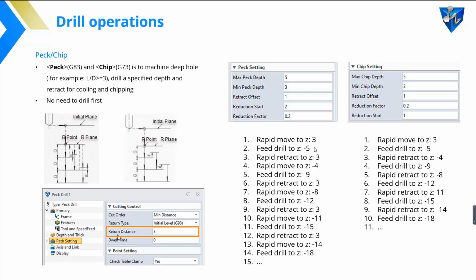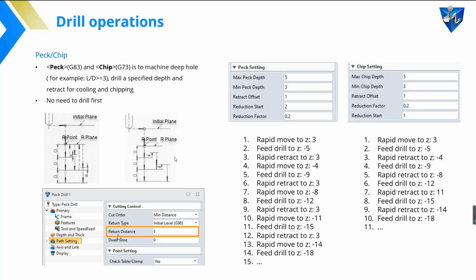So this is about drilling. We just introduced drilling, but for some deep holes, actually we need to consider the cooling and chipping. So we may need to use the peck or chip operations. So let's check the differences between the peck and chip. As you can see from here, this is a peck. Every time we drill a depth, we will go back to the R plane, then next, and then go back to the R plane.